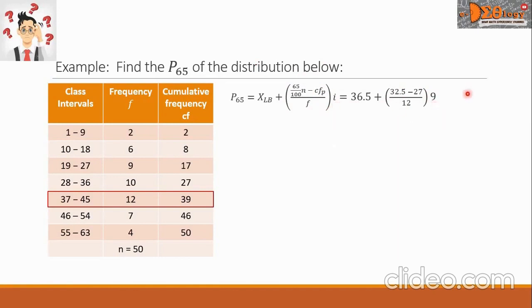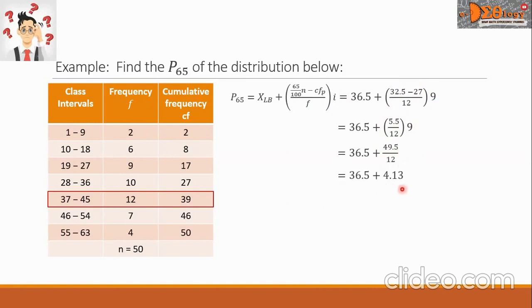This fraction is multiplied by I, and we substitute the value of 9. Let us simplify further. Let us take the difference of the numerator. 32.5 minus 27 is 5.5. Then we multiply this 5.5 with the number 9. So we have 49.5 divided by 12 equals 4.13.